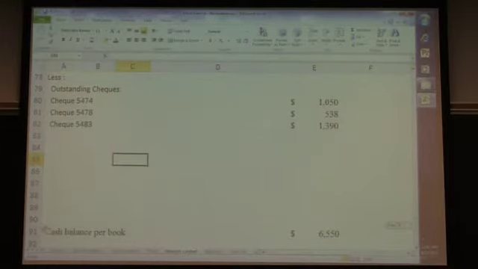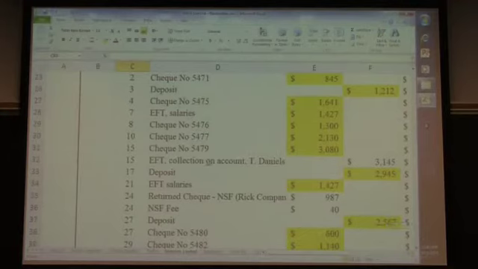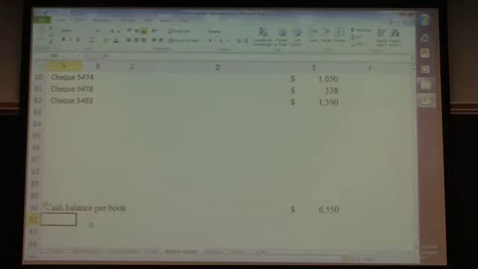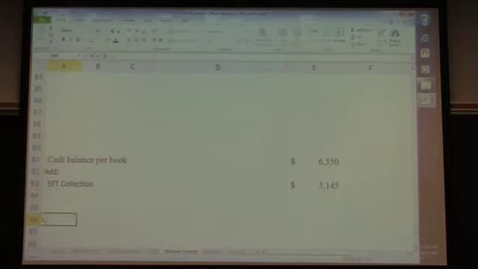So let's take a look at the other stuff that we have identified here. So we talk about the EFT collection from the bank for 34 and 45. So that needs to be adjusted to the book record. So we add back the EFT collection, which is 3145, and we need to subtract.